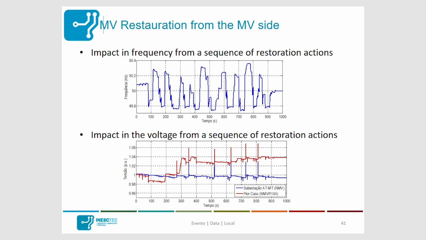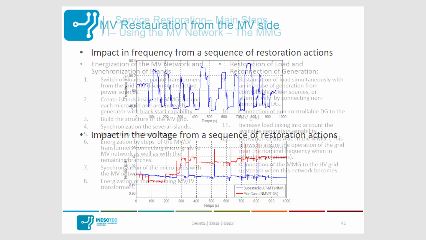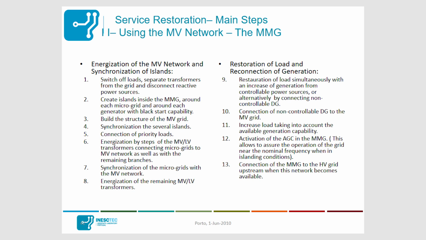So, in fact, the point that I want to stress is that in order to be successful, the storage device is key in all this operation of the restoration. And I'm about to finish, but I would like just to call your attention that we can transpose this strategy, this approach when dealing with the medium voltage network.